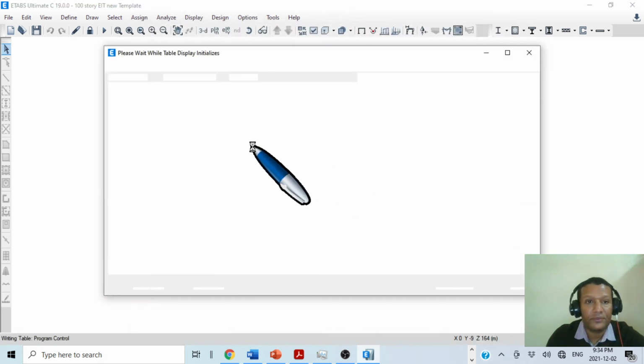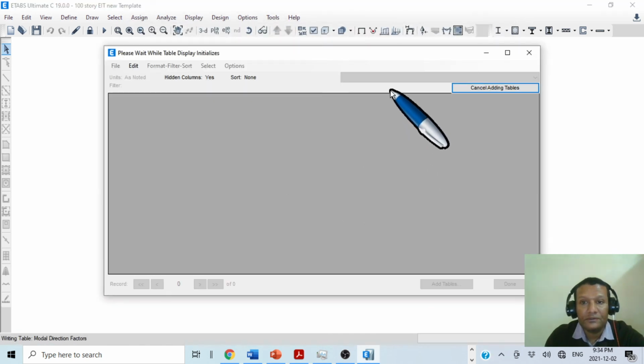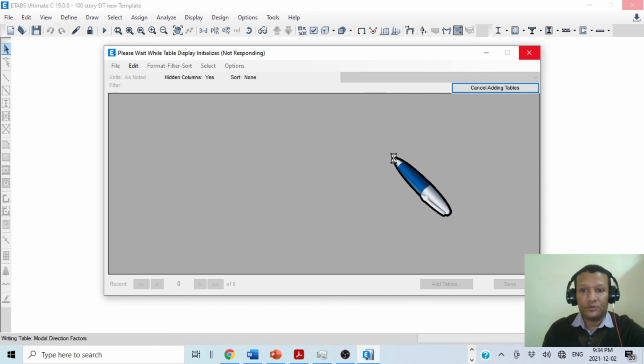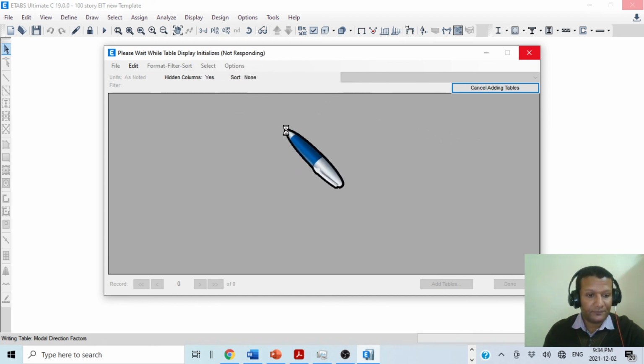So we saw the first and the second are pure translational, and the third is torsional. So I want to show you here also in the table form, in the tabular form, but I don't know, the computer is not responding.